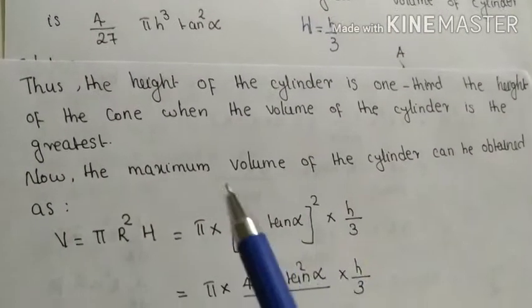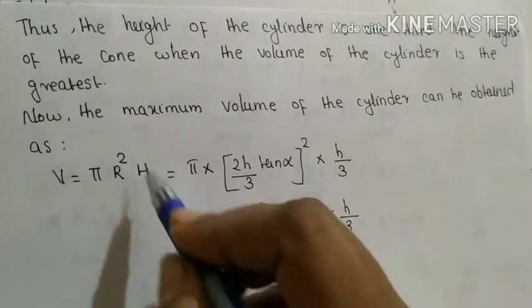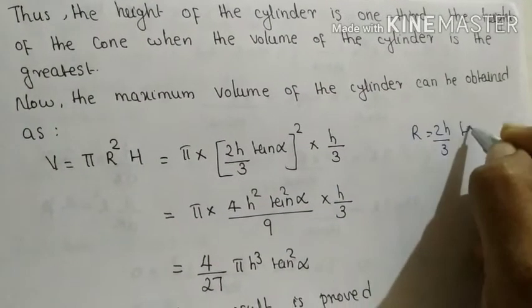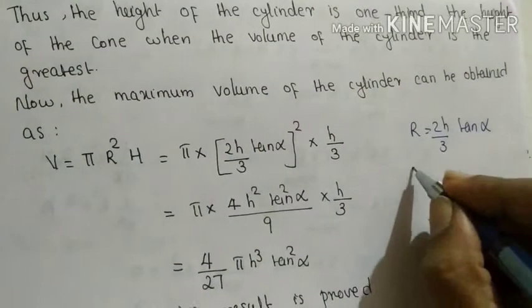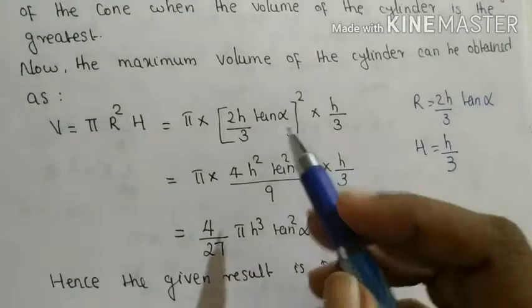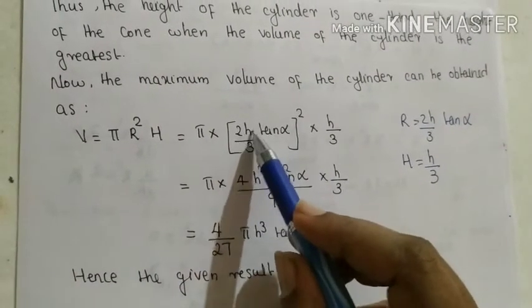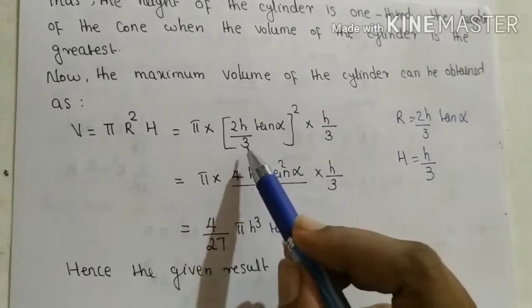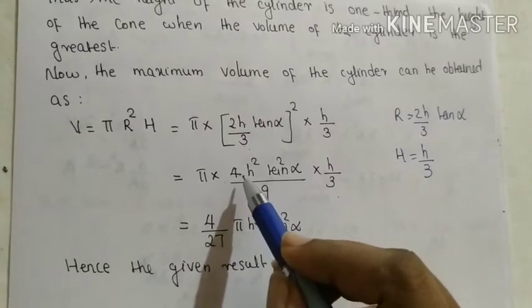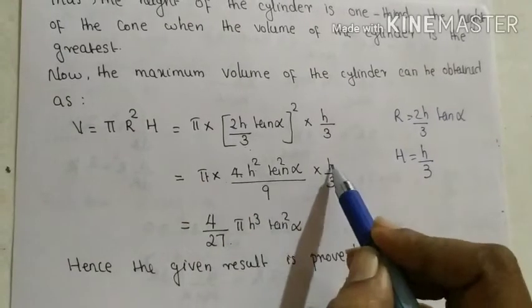Now the maximum volume of the cylinder can be obtained as follows. We know the volume of a cylinder is pi r square h. Substituting r as 2H by 3 tan alpha and the cylinder height as H by 3, we get the maximum volume as pi into, squaring this term, 4H square tan square alpha divided by 9, into H by 3. 4 divided by 9 into 3 is 27, and H square into H becomes H cube.